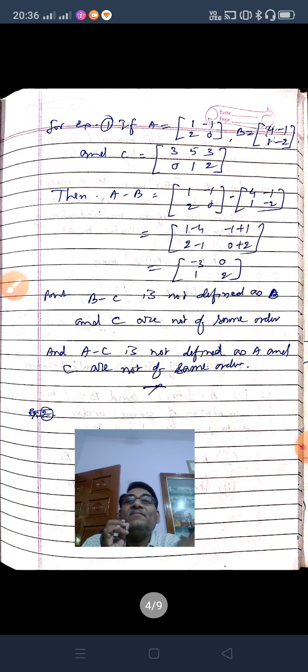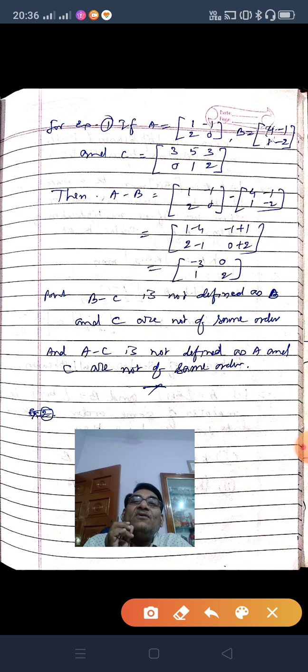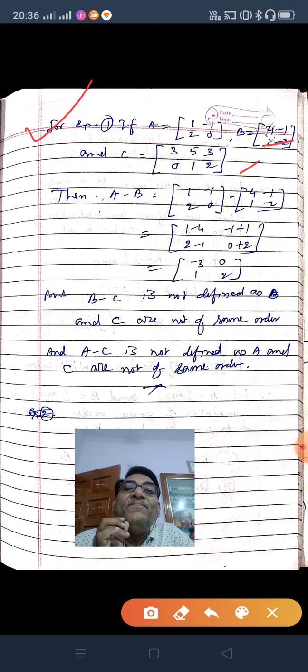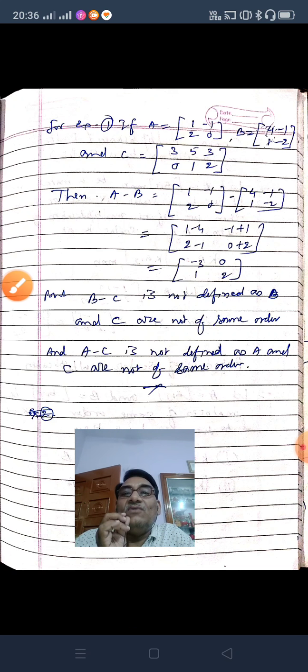For example, if A is [1 -1; 2 0] and B is [4 -1; 1 -2], and C is [3 5 3; 0 1 2], then A minus B is defined.